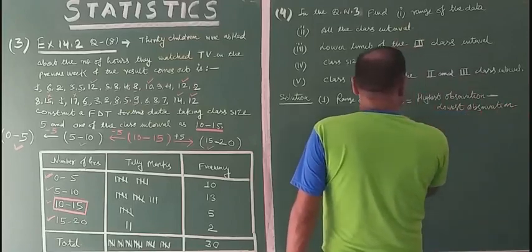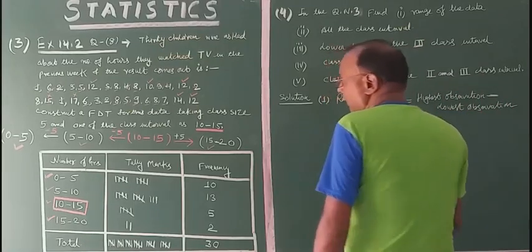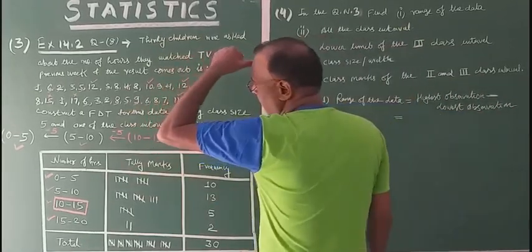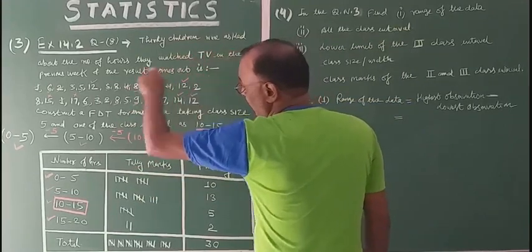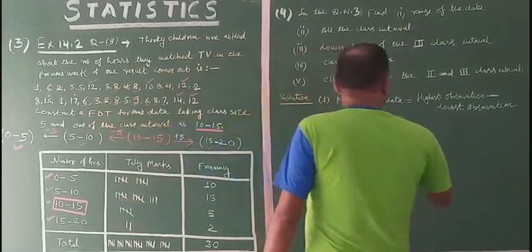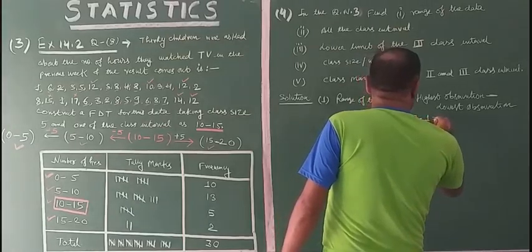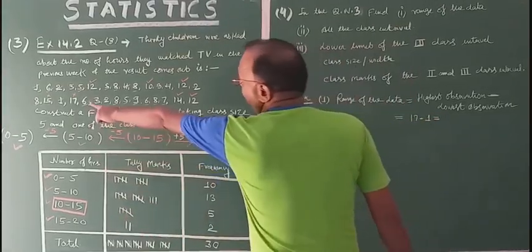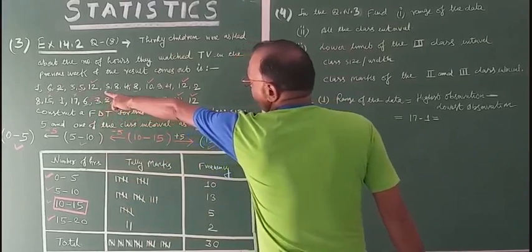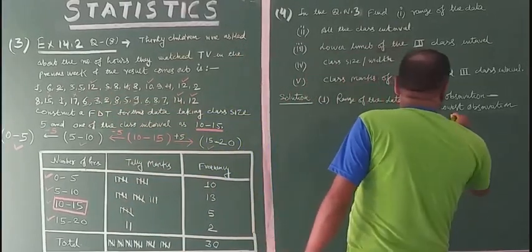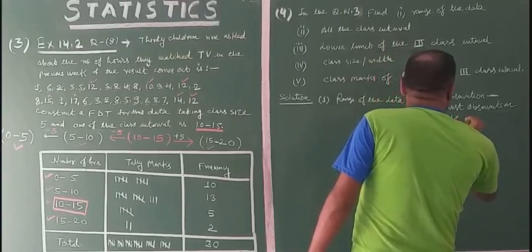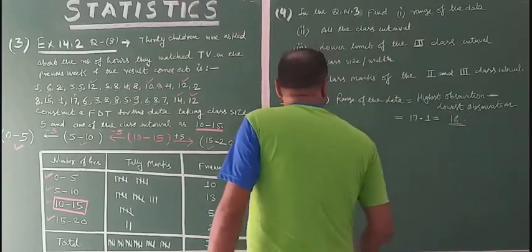So just look here. Which is the highest number here? 17. And the lowest number is 1. So what is the range of the data? 16.